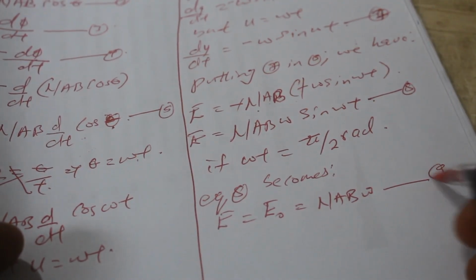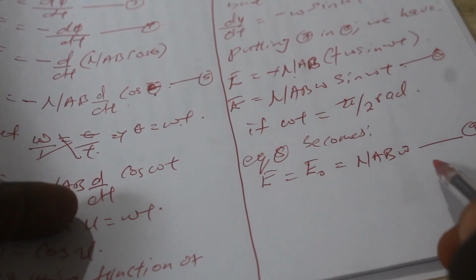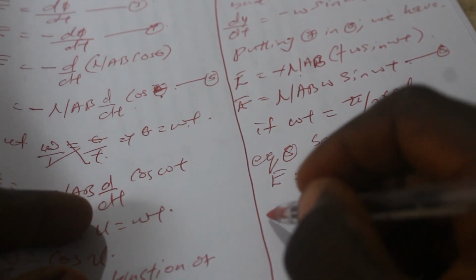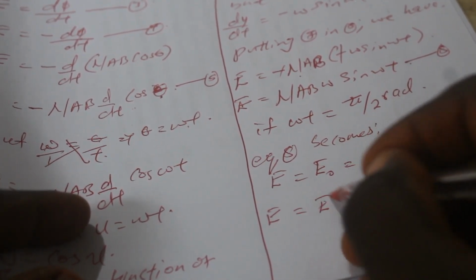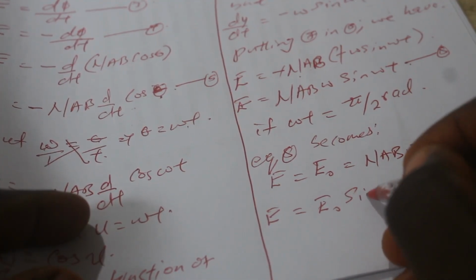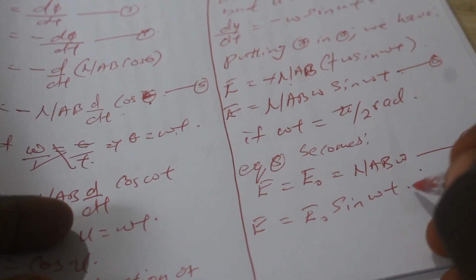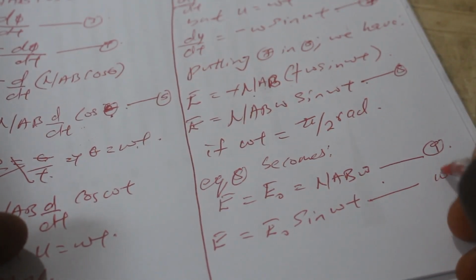We call this equation 9. So when we put equation 9 into equation 8, we have E is equal to E naught sine omega t. This is equation 10.